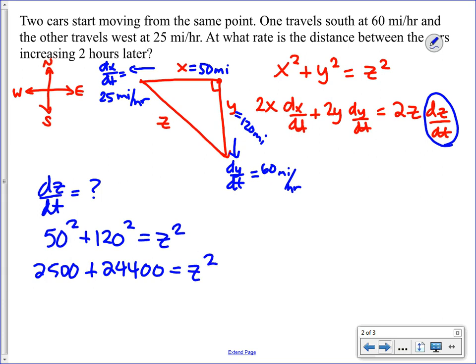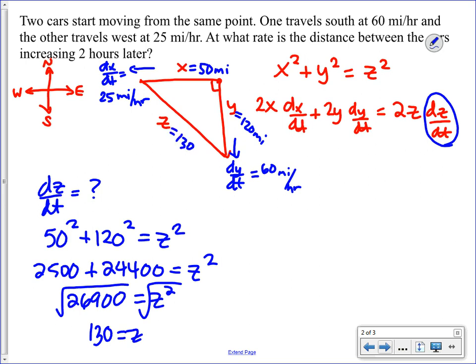When you add these together, you get this, square root each side, and 16,900 is actually a perfect square. 13 times 13 is 169, so this ends up equaling 130.